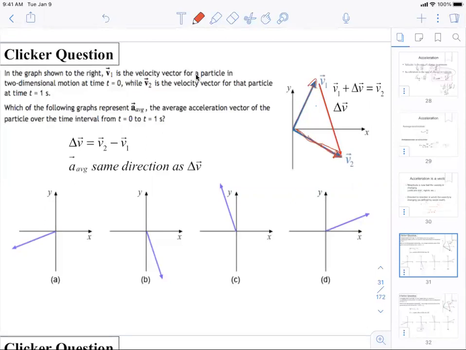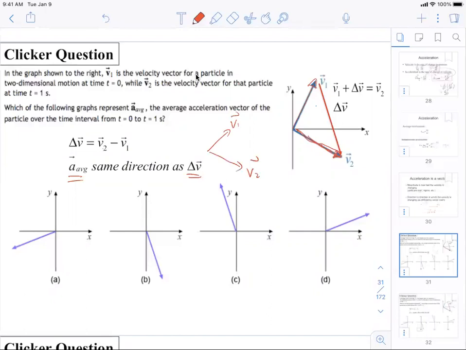Now you need to find the change in velocity, because your acceleration will be in the same direction as your change in velocity. So delta V is V2 minus V1. You can see V1 and V2, and I want to do V2 minus V1. I have two choices.